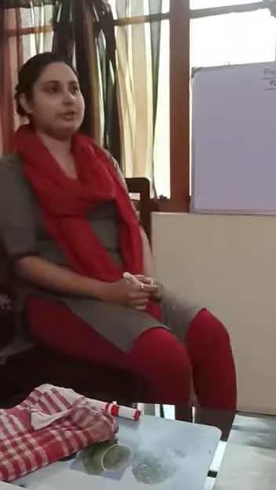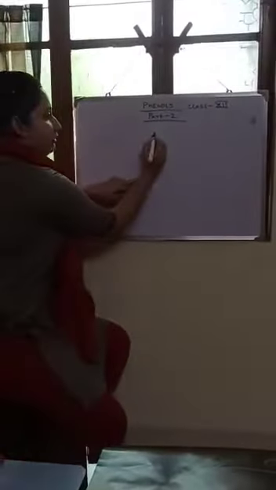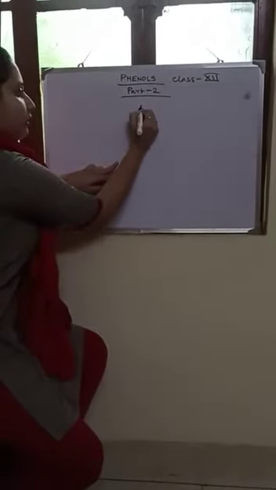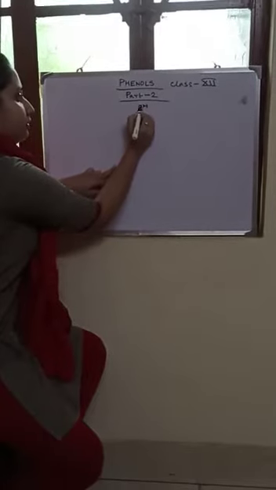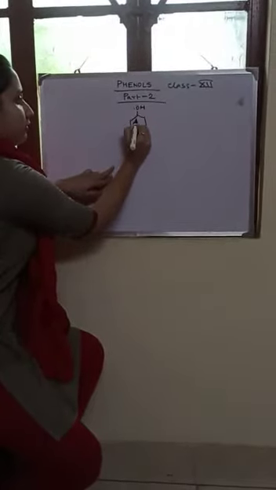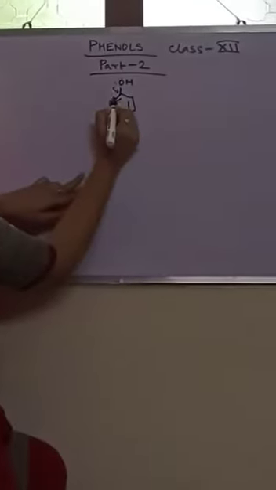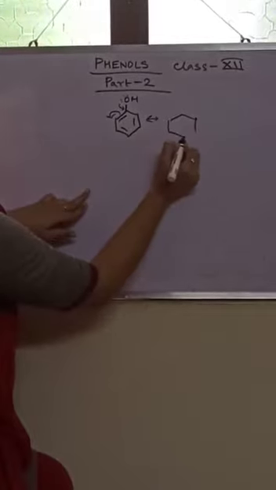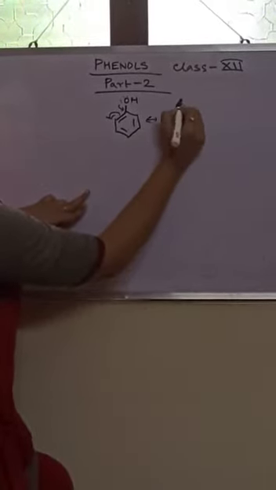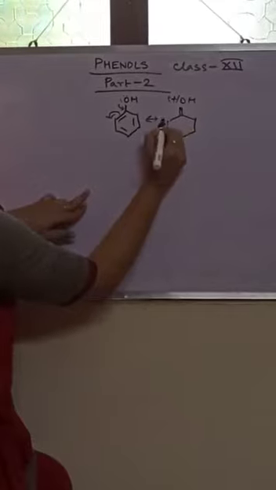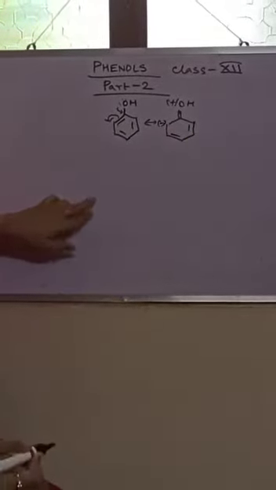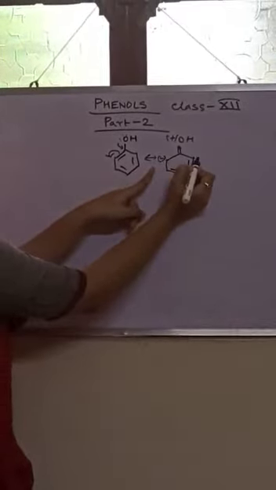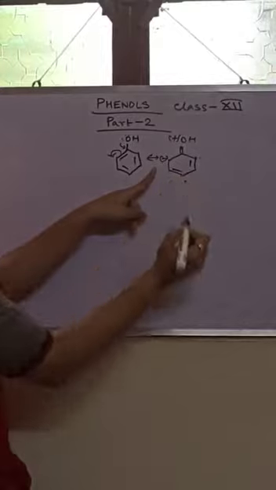Okay, in the last video, I was showing the resonance structures. I won't show all the canonical forms. In this way, mainly we will observe that the negative charge density is more at the two ortho positions and at the para position.